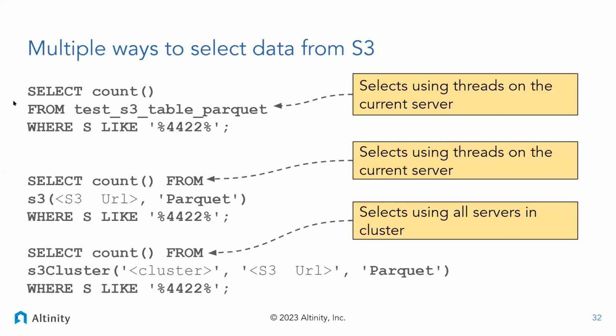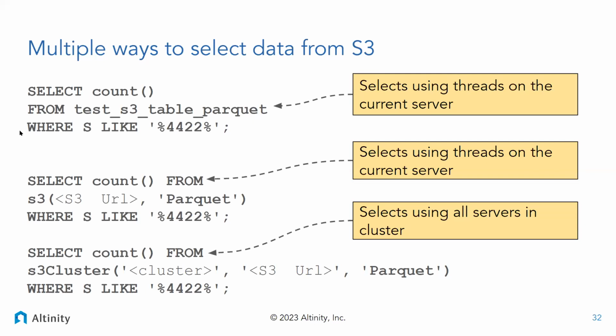Now, when we're actually selecting, we start to see more ways to select. So we can select directly from the table. And as long as it fits, the table doesn't deal with partitioning very well. So as long as it's, for example, in a single file, it will be perfectly happy to run this.